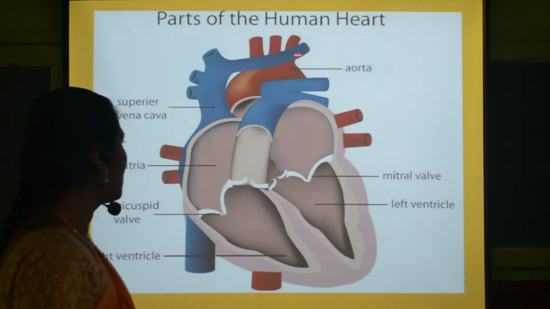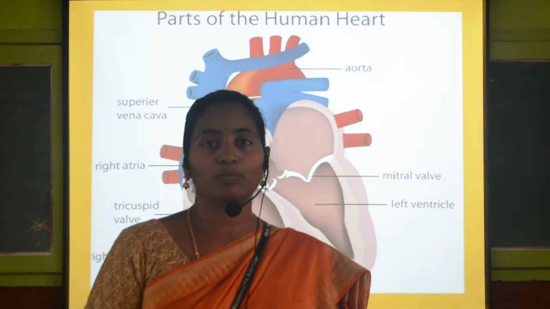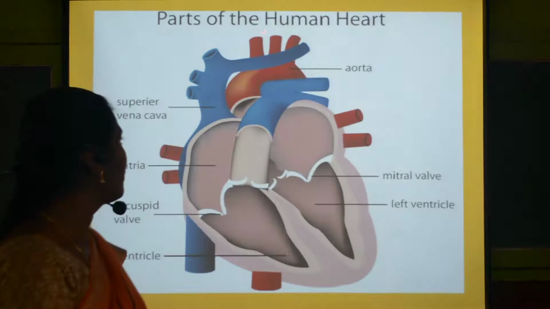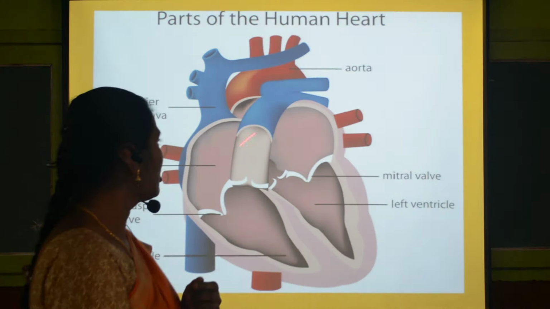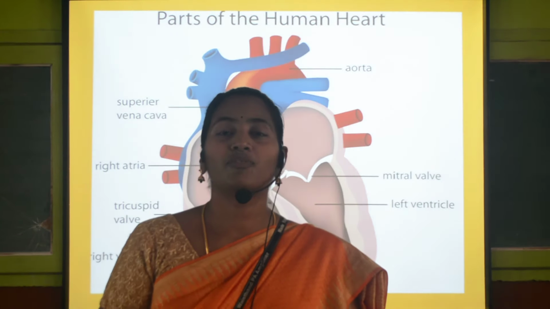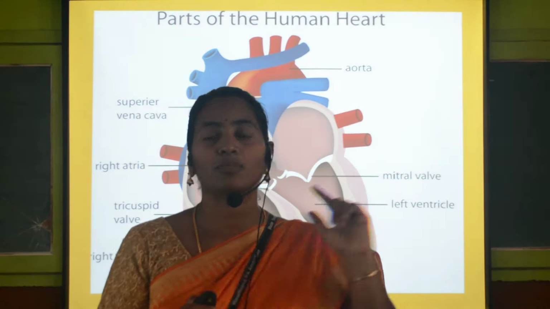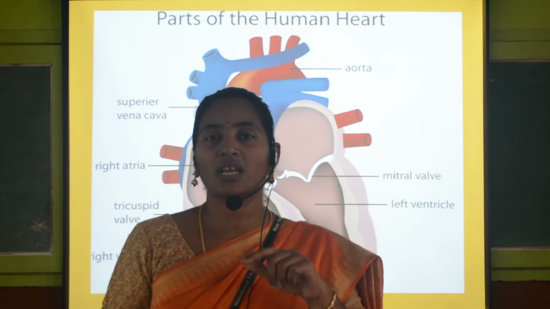So this largest artery carries this purified blood or oxygenated blood to all parts of the body. So this is the main system which we can find in the transportation of blood from lungs to the heart and from the heart to different parts of the body. Again for oxygenation, the same cycle continues.